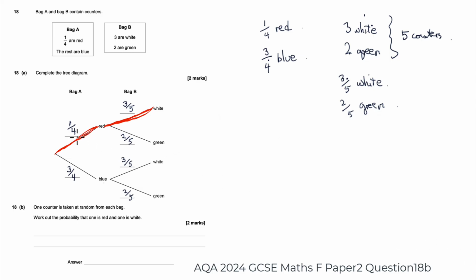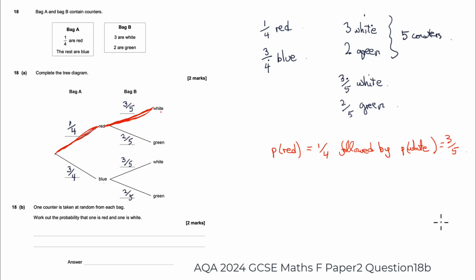So, what is the probability of going into bag A and getting a red counter? Probability of red is 1/4, followed by the probability of a white one, which is 3/5.